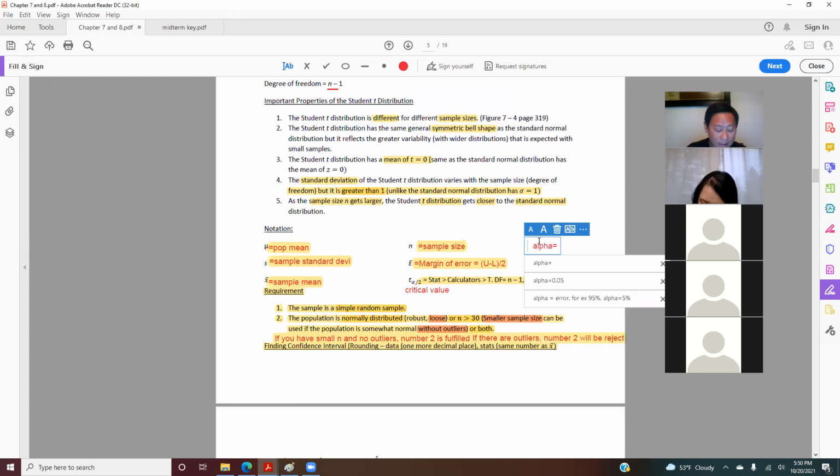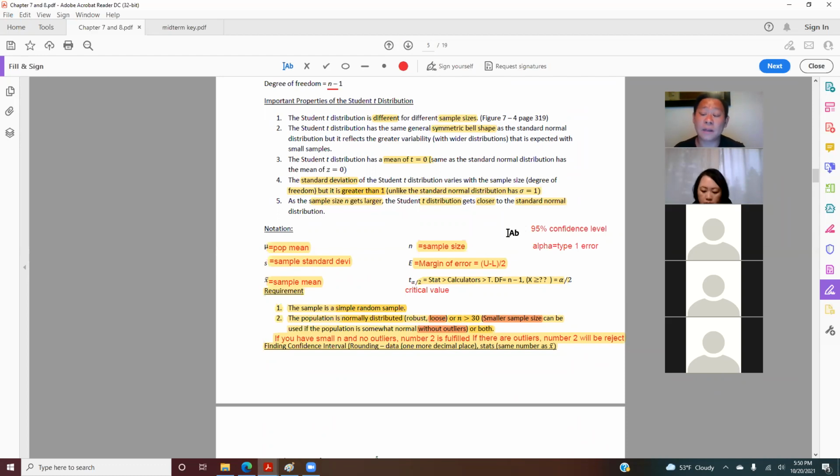Alpha is the significance level, or the type 1 error, and usually it is given to us by the confidence level. So remember that you have a 95% confidence level. So what will be your alpha in this case if I ask for a 95% confidence level?